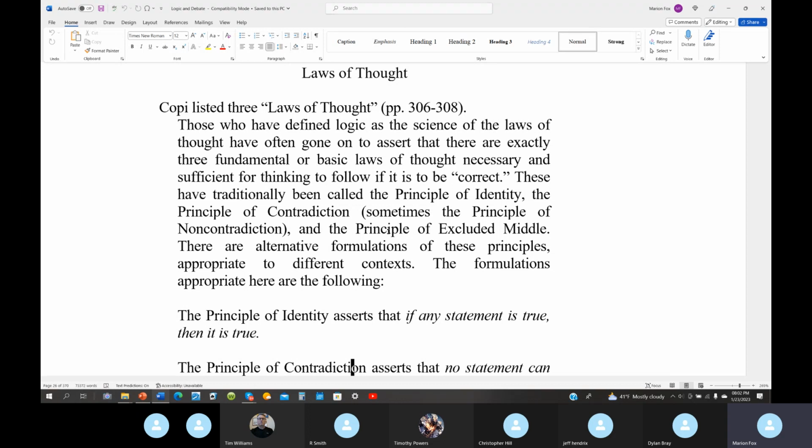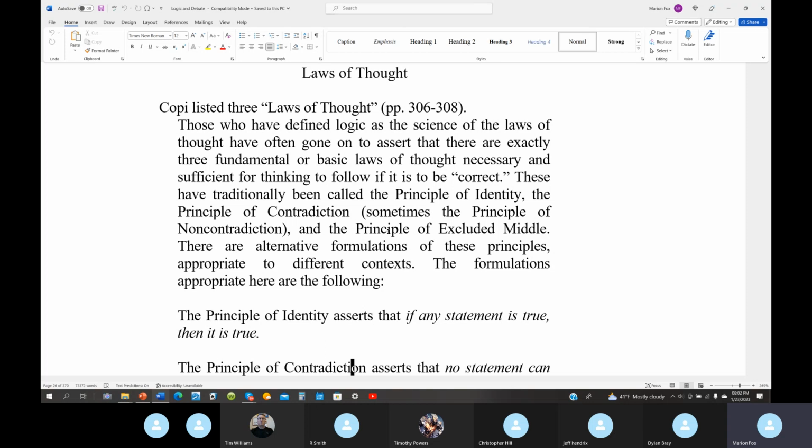There are three laws of thought, and these are important to us. Copi lists them for us, and other logicians will list them too. Those who have defined logic as the science of the laws of thought, I don't like the word science there, but he's using it, have often gone on to assert that there are exactly three fundamental or basic laws of thought, necessary and sufficient.